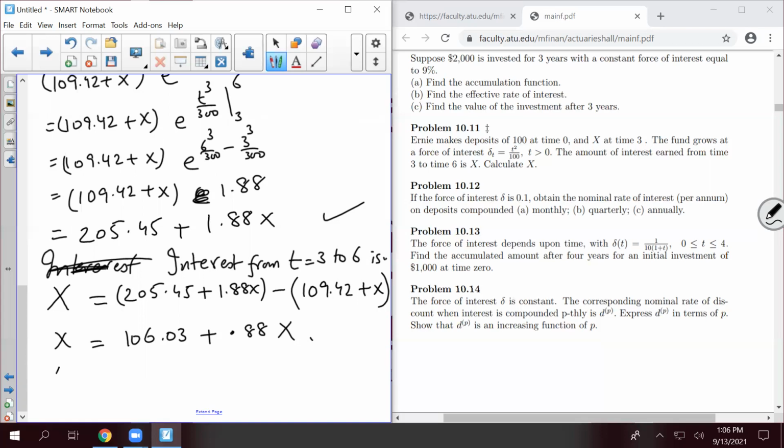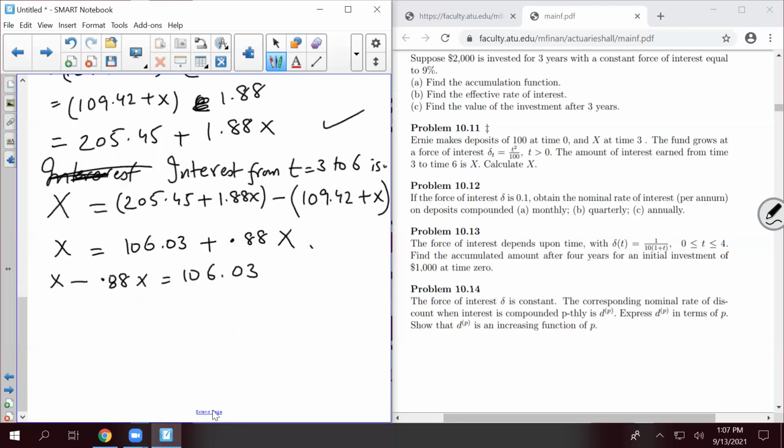And then we have x minus 0.88x equal to 106.03, and 0.12x. So x would be 106.03 over 0.12.